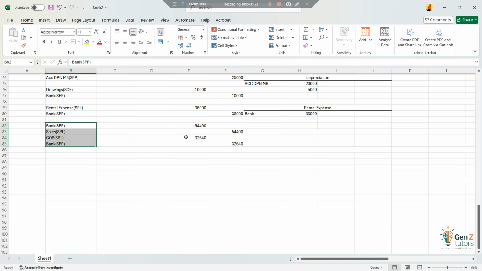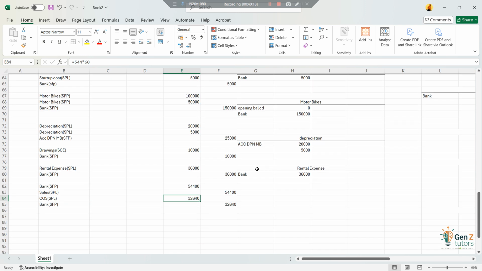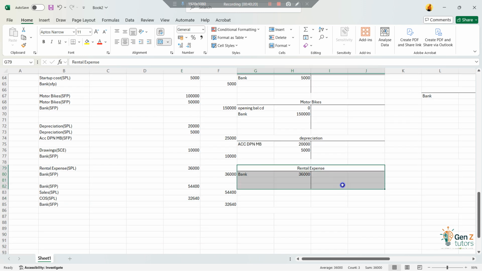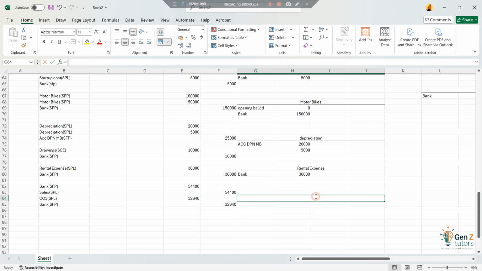So at this point in time, we are going to credit our bank, SFP. You understand? Then we are done with that transaction. But had we had a fuel reservoir tank for the company, then we would have had to credit inventory. So that's what you also need to take into account.